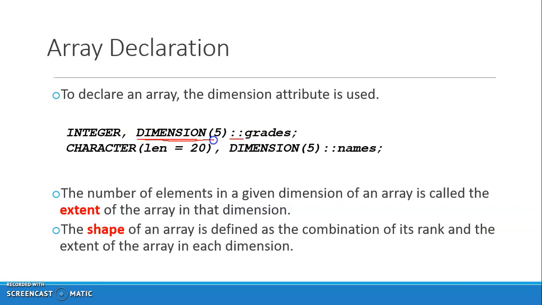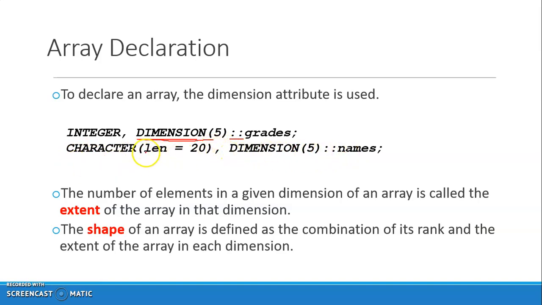So integer, dimension 5. That's how you declare arrays. So grades here means it is going to create a space which is enough to keep 5 elements of data type integer.